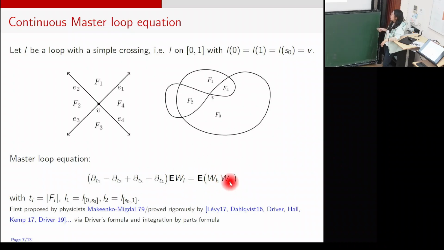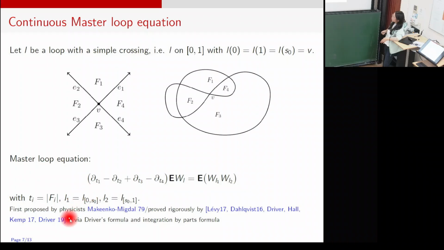We use these simple loops and these area derivatives to calculate the expectation of the large N limit of this Wilson loop. This kind of equation only depends on the local behavior of these loops. If the loop becomes more complicated, it also satisfies the same master loop equation.